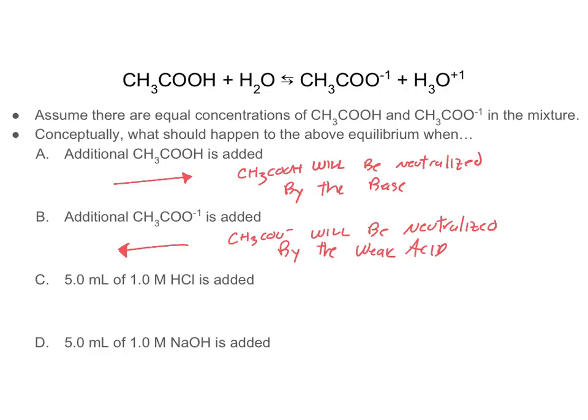Now, what if we add hydrochloric acid? So we're adding a strong acid to this buffer system. It will be neutralized by the base. So which direction is it going to go? To the left. Agreed. Why is it going to the left?